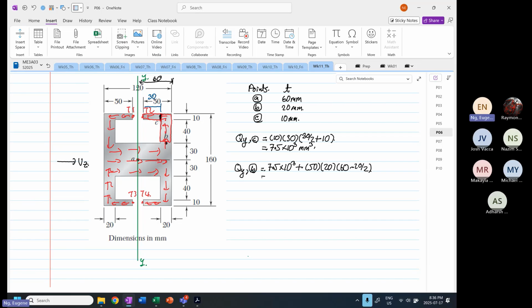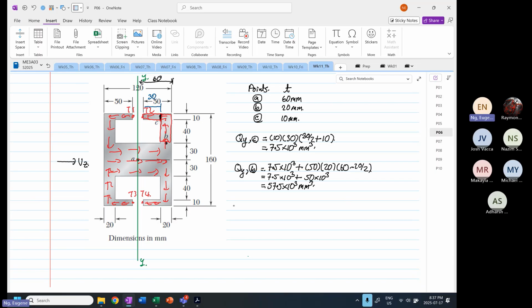Okay. So this will be equal to 7.5 times 10 to the power 3 plus (60 minus 10) times 20 times 50. Let me do 60 minus 10 times 20 times 50. Okay, so this will be equal to 7.5 plus 50 is equal to 57.5 times 10 to the power 3 millimeter cube.